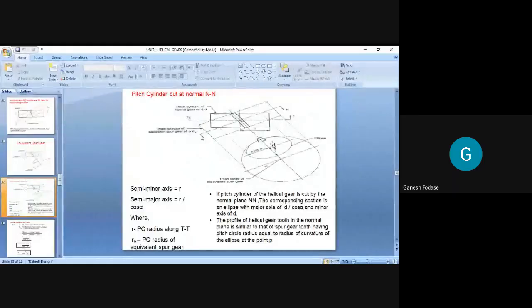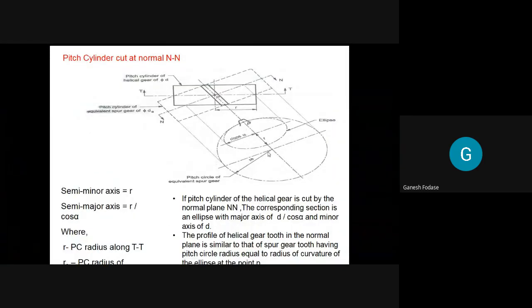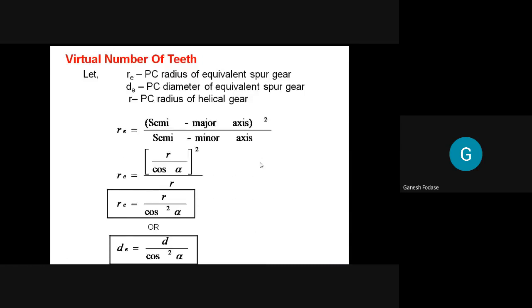So we were discussing the concept of the equivalent number of teeth on a spur gear. To find that, I told you we have to cut this helical gear along a normal plane. It will appear as an ellipse, and the gear tooth profile along the normal plane is equivalent to a spur gear having radius Re. The radius of that equivalent spur gear is given by R equivalent equal to semi-major axis square upon semi-minor axis.